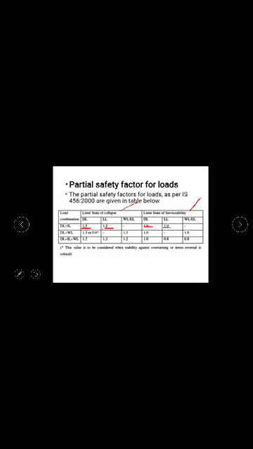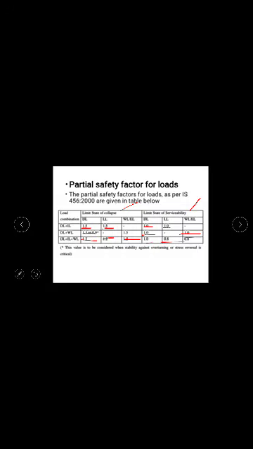When you are considering dead load and wind load, then the partial safety factor will be 1.5 or 0.9 in limit state of collapse. In limit state of serviceability, it is 1 and 1. When you are considering the dead load, live load and wind load, the partial safety factors in limit state of collapse are 1.2, 1.2 and 1.2. At limit state of serviceability, it is 1, 0.8 and 0.8. So, these are the partial safety factors which are considered for loads.